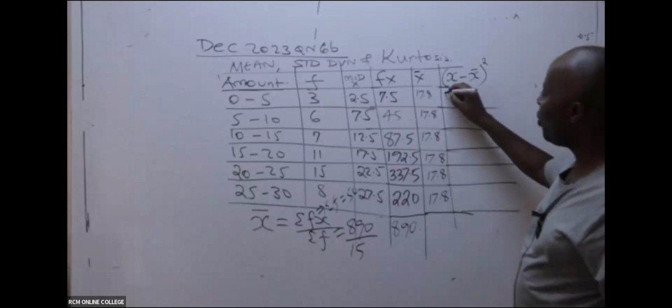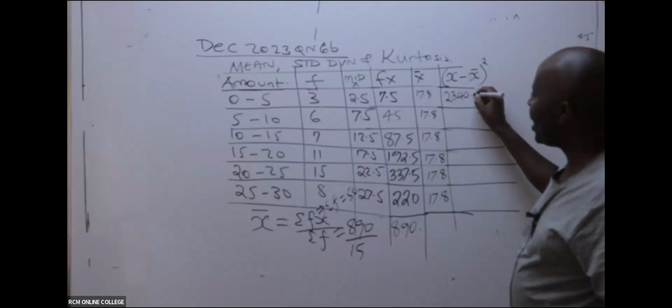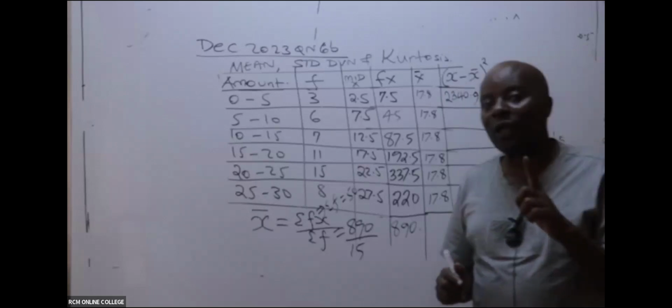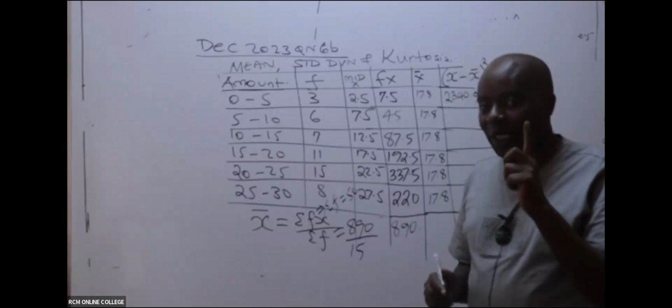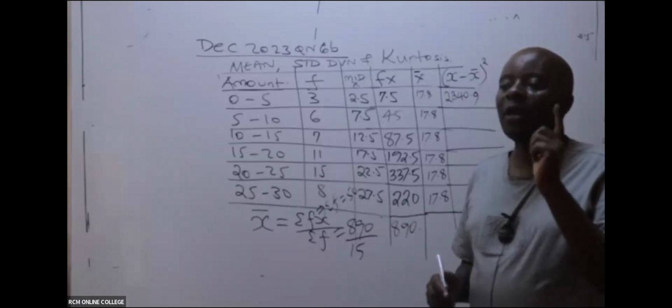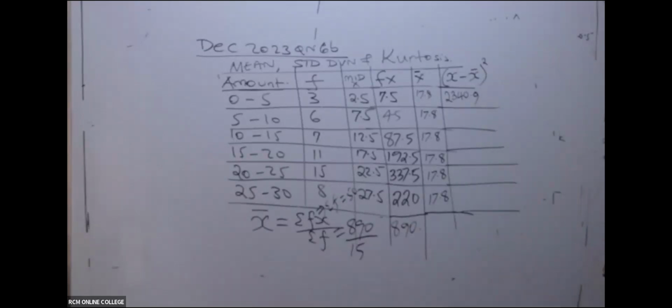So we are getting here 2.9. Positive, right? Positive, because anything squared will always be positive. Even if you're using a bad calculator and you're getting a negative, ignore that negative. So 2340.9. Thank you so much.